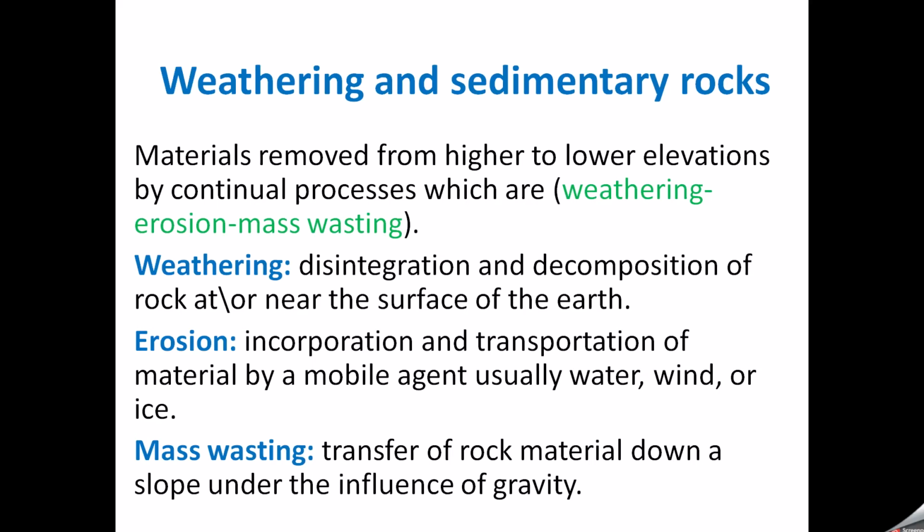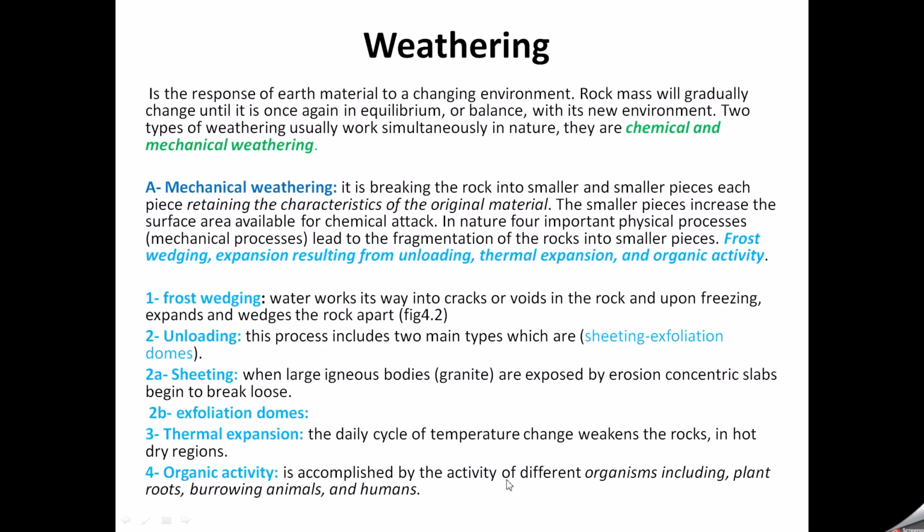So to remove the material, you're going through the next step after weathering, which is erosion by water, wind, or ice. There's another process we call mass wasting: transfer of rock material down a slope under the influence of gravity, another agent of transportation, gravity.